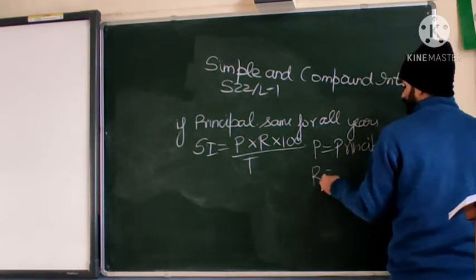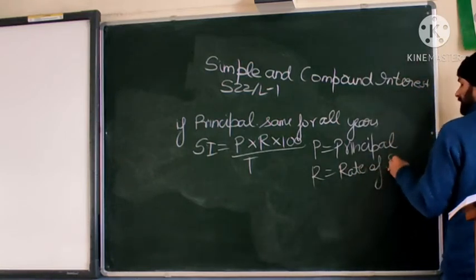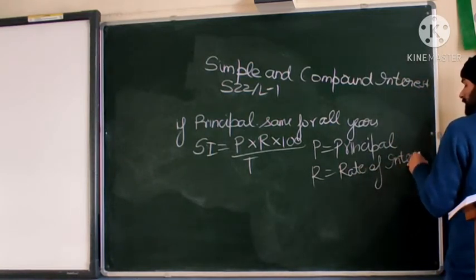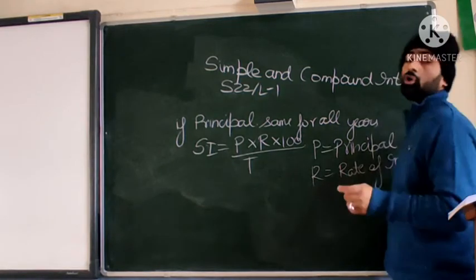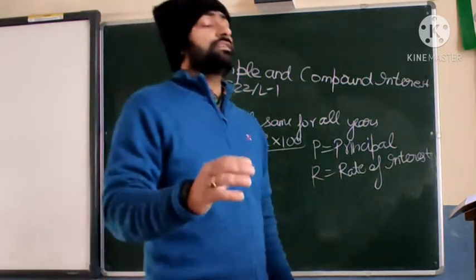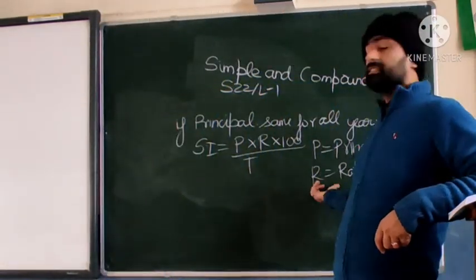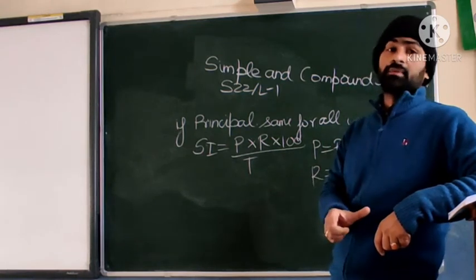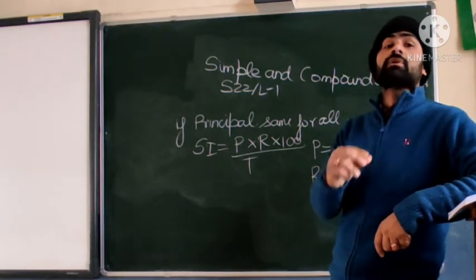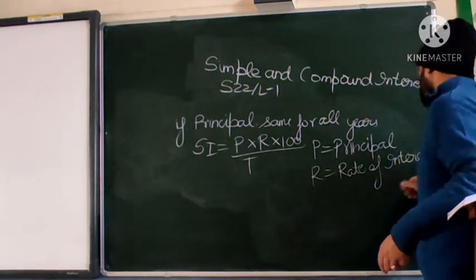R is the rate of interest. That means what is the rate of interest? It is not that you invest 100 rupees, or suppose you are investing 1000 rupees, but this rate is defined per 100 rupees. That means on 100 rupees, how much interest you will earn or you will pay to the bank. This is called the rate of interest.